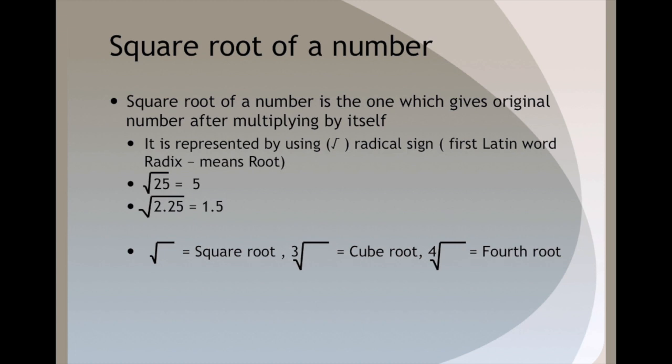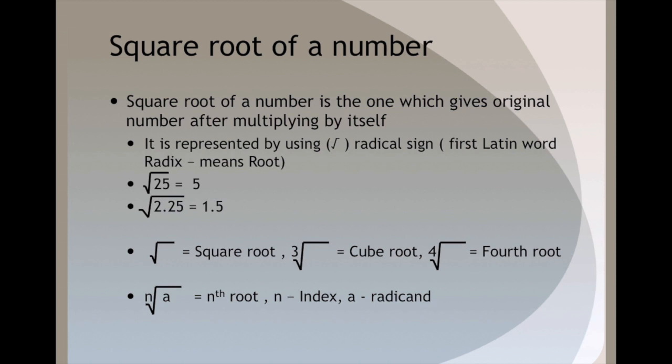First one is the square root. Second, when you put 3 with this radical sign, it becomes the cube root, because now we have to find the cube root of that number. If you put 4 there, it becomes the fourth root, and if you put n there, it is called the nth root, where n is the index and a is called the radicand.